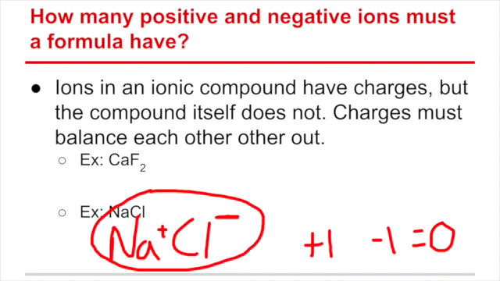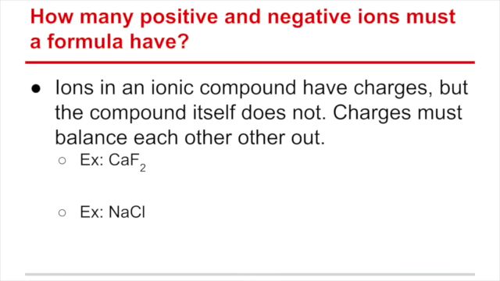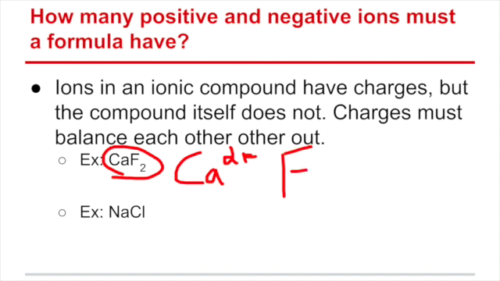So what do we have to figure out? We already did the sodium and chloride example. Now we're going to do this one. Ca, if we look at our periodic table, normally has a charge of 2 plus, and F, or fluorine, normally has a charge of 1 minus.